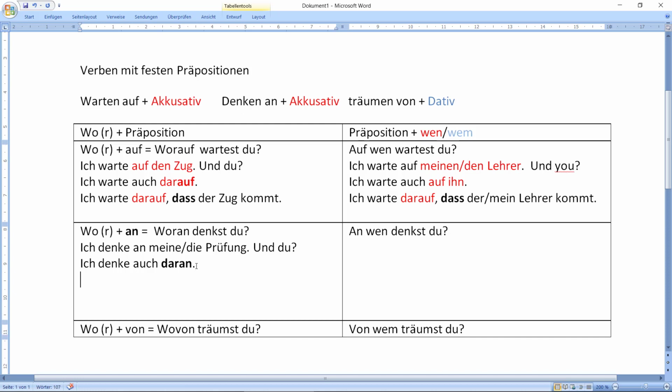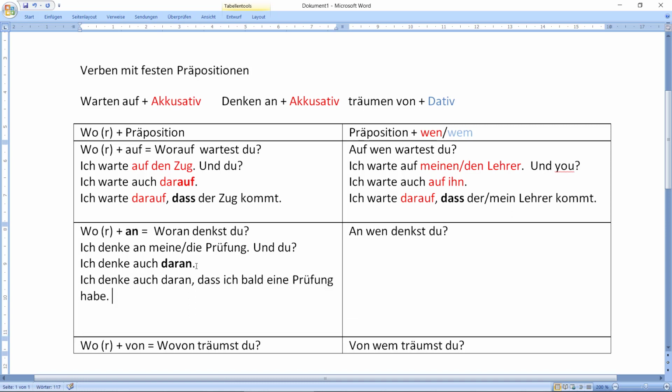We could also say, ich denke auch daran, dass ich bald eine Prüfung habe. That I will have an exam soon. Alright? So, ich denke auch daran. I think also of that. And I think also of that I will have an exam soon.